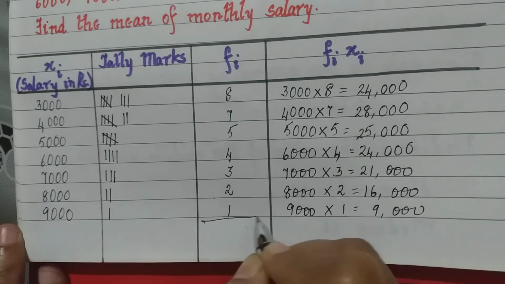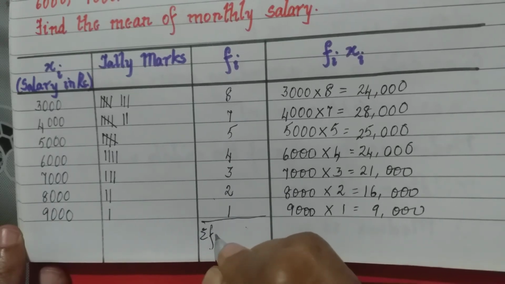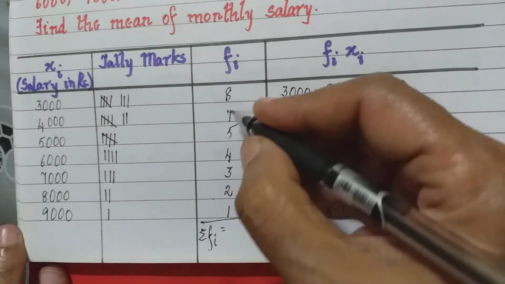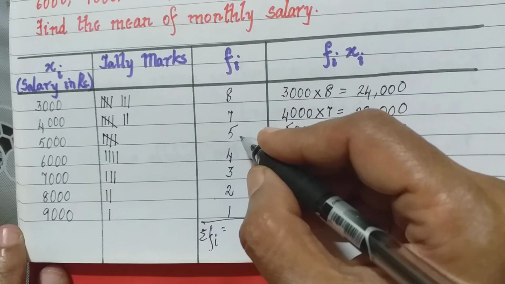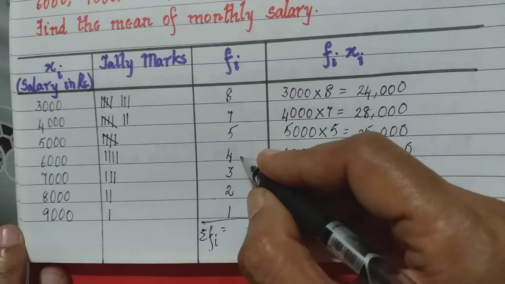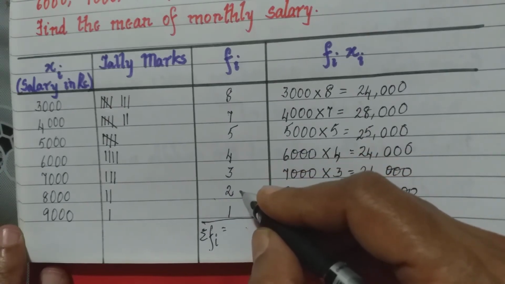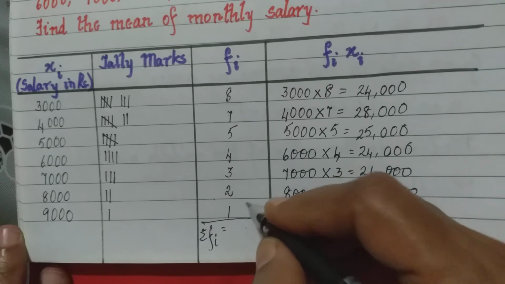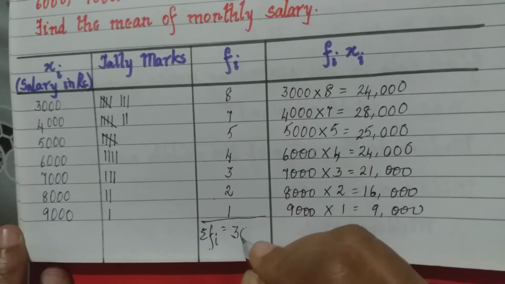Here sigma fi is equal to 8 plus 7, which is 15. 15 plus 5, 20. 20 plus 4, 24. Plus 3 is 27. Plus 2 is 29, plus 1 is 30. So we write here 30.